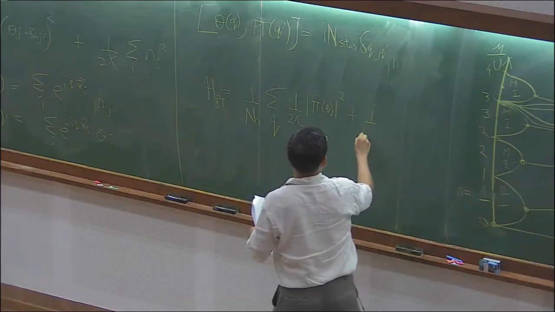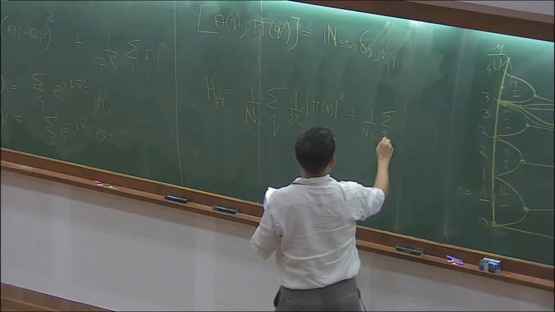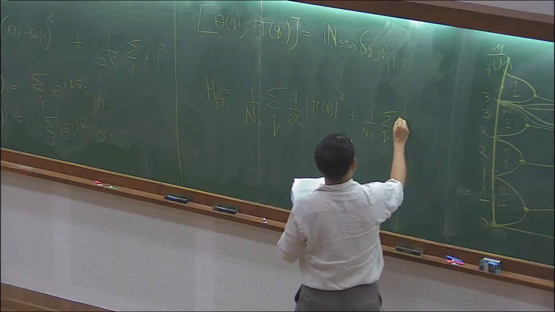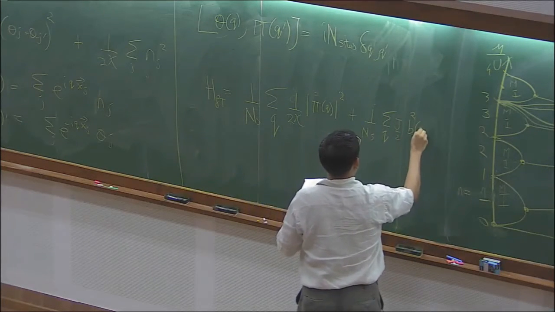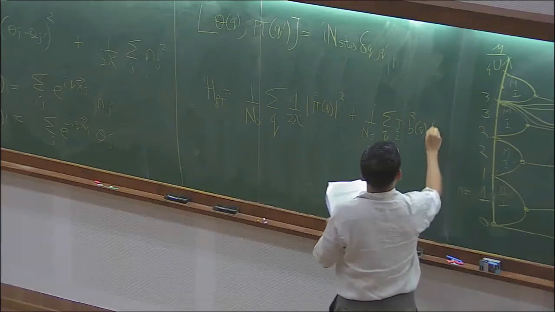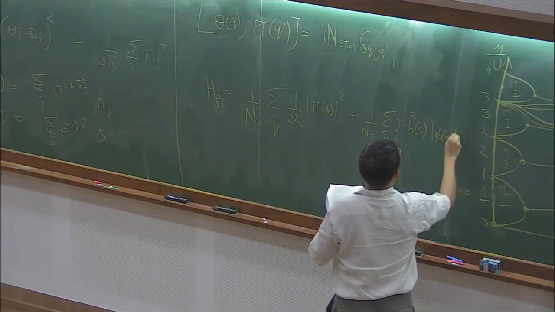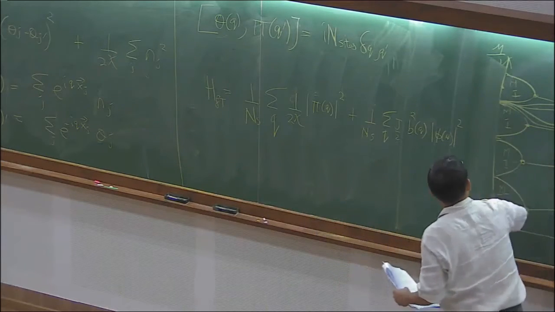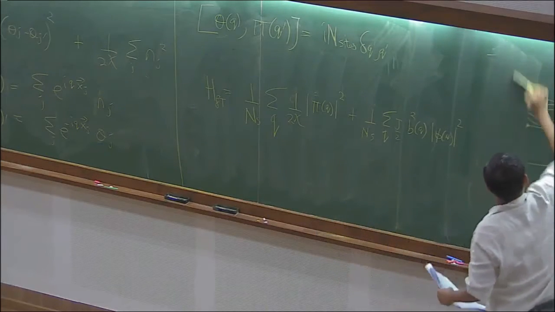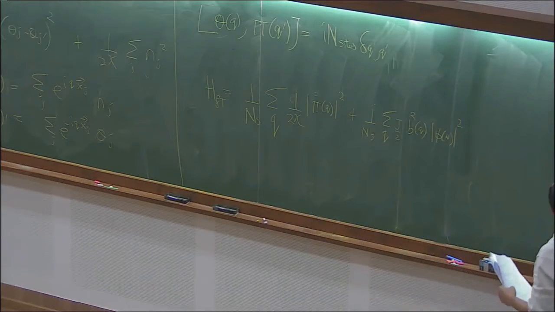Plus 1 over n sites, sum over q, a particular function which I'll write down in a minute, j by 2 some b square of q times mod phi q square. This takes 5 minutes to get all the factors right. Please do it later.